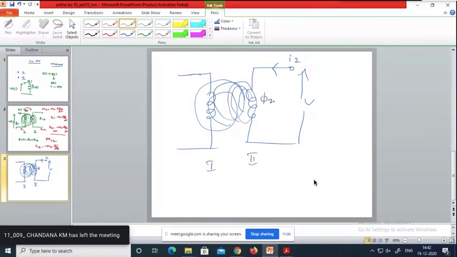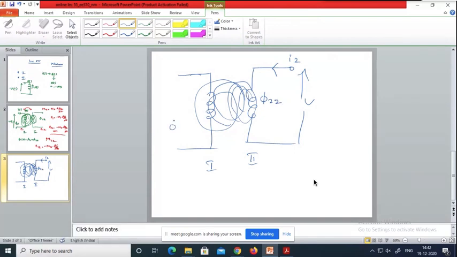Here it is phi22 you can call, and here you can call phi21, because phi21 is the flux produced in coil number 2 linking coil number 1, whereas phi22 is the flux produced in coil number 2 due to the current flowing in coil number 2.